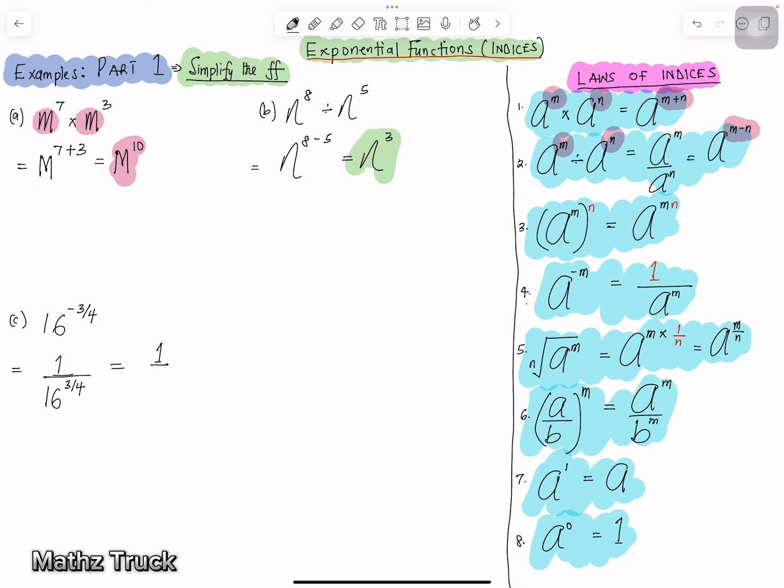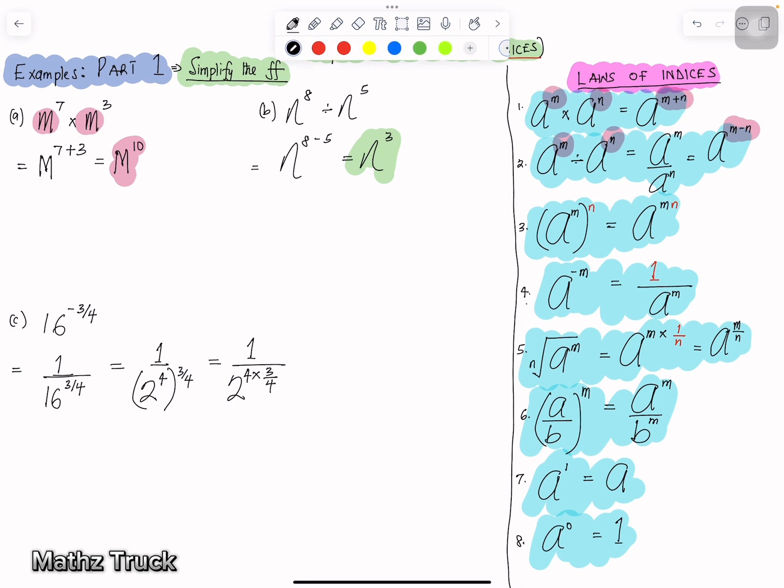We can change the base to base 2 exponent 4, because base 2 exponent 4 gives us 16. So we have this representing the 16, multiplying 3 over 4. We can further simplify this by expanding the bracket: base 2 exponent 4 multiplying 3 over 4.